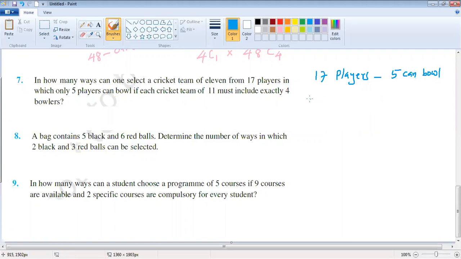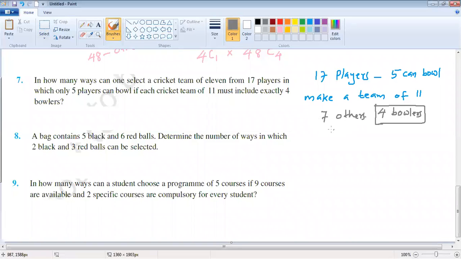So you have to make a team of 11, but there is a condition. In the 11, exactly 4 bowlers are needed, 4 bowlers compulsory, so 7 others.